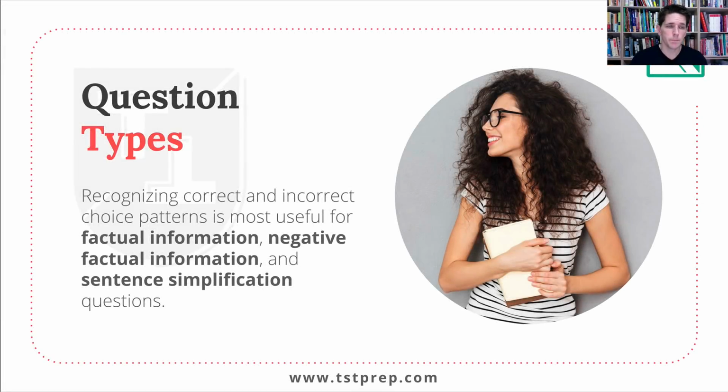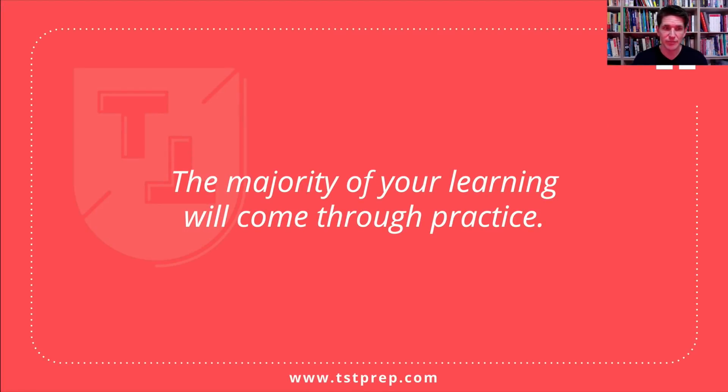It's pretty simple. Keep in mind that for recognizing correct and incorrect choices, this is most useful for factual information, negative factual information, and sentence simplification. There are other question types that this is not as useful for, for example, maybe inference questions, but for these three types, it's really, really helpful. I just want to say that out there.